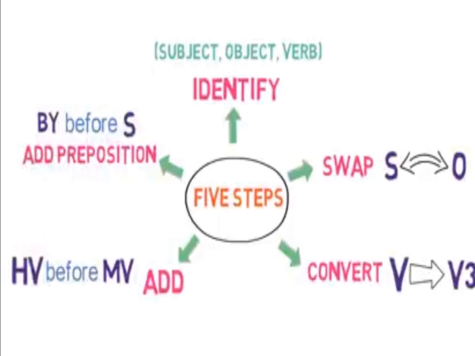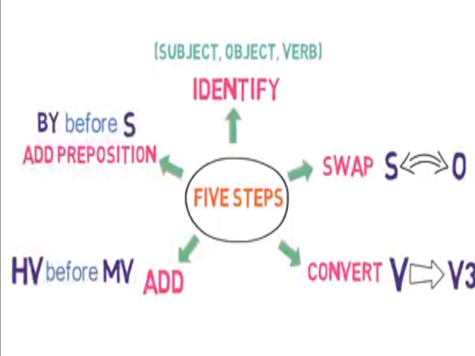Because took is in the past tense. So the helping verb will be was. So the answer will be was taken. Alright. If it will be future, will be taken. So we have to be very careful regarding it. The helping verb should be there before the main verb. So do not forget to add the helping verb before the main verb. Otherwise, the sentence will be incomplete and it will not make any sense.